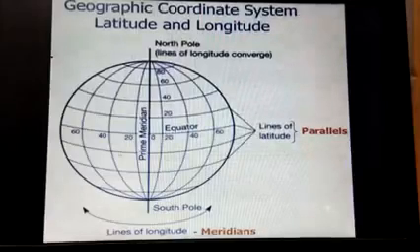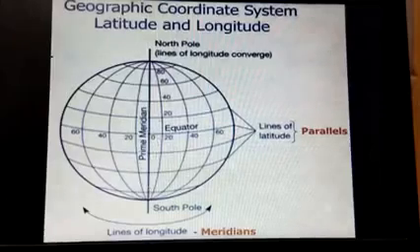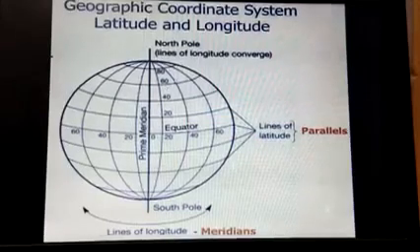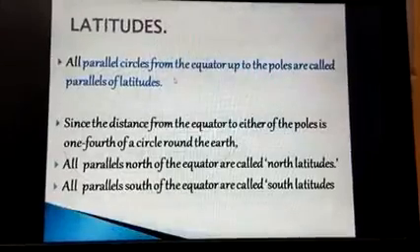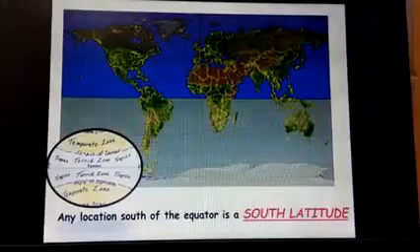So whatever lines are drawn from west to east are known as lines of latitude, and these are parallels. Why parallels? Because one line to another line is necessarily parallel to each other. But longitudes are different. We now understand what latitudes are. Now come again, in a specific way, to what latitude is: all parallel circles.